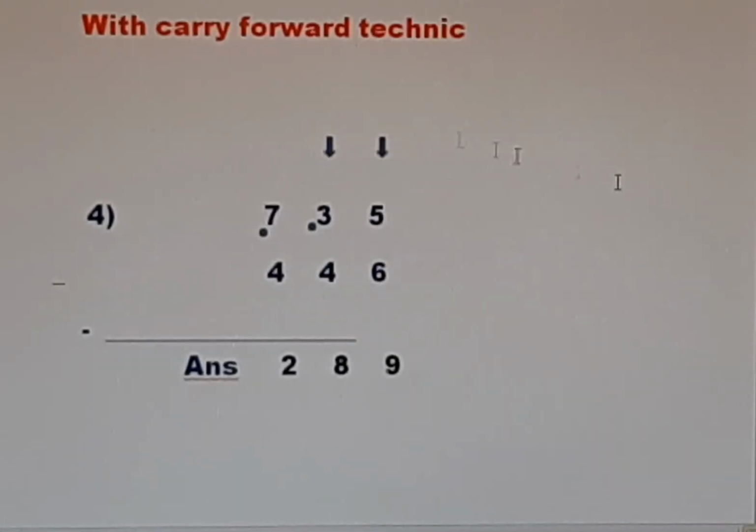Now we will go with the carry forward technique. See, the higher number is 735 and the lower number is 446. Just check it. From 7 you can minus 4. Yeah. From 3 you can minus 4. No. And from 5 you can minus 6.